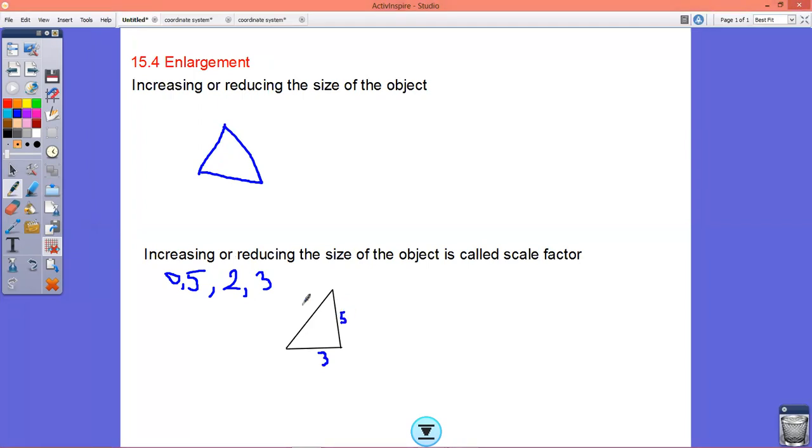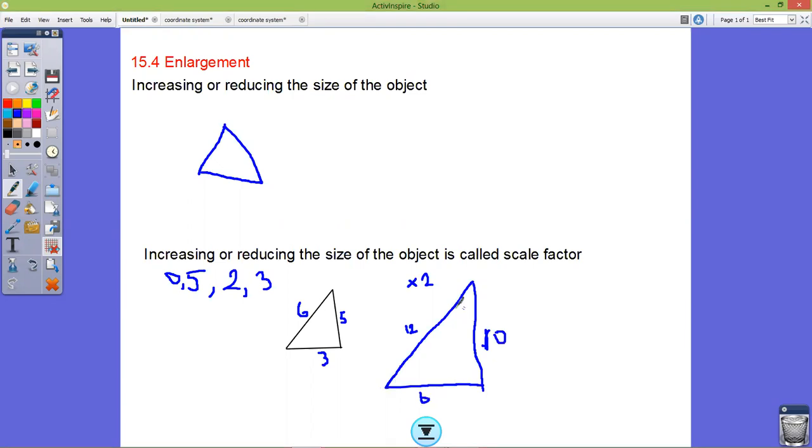And this one is 6 centimeter. Now, if the scale factor is doubling, meaning multiplying by 2, the new side will be 6 centimeters here, this will be 10 centimeter, and this side will be 12 centimeter.